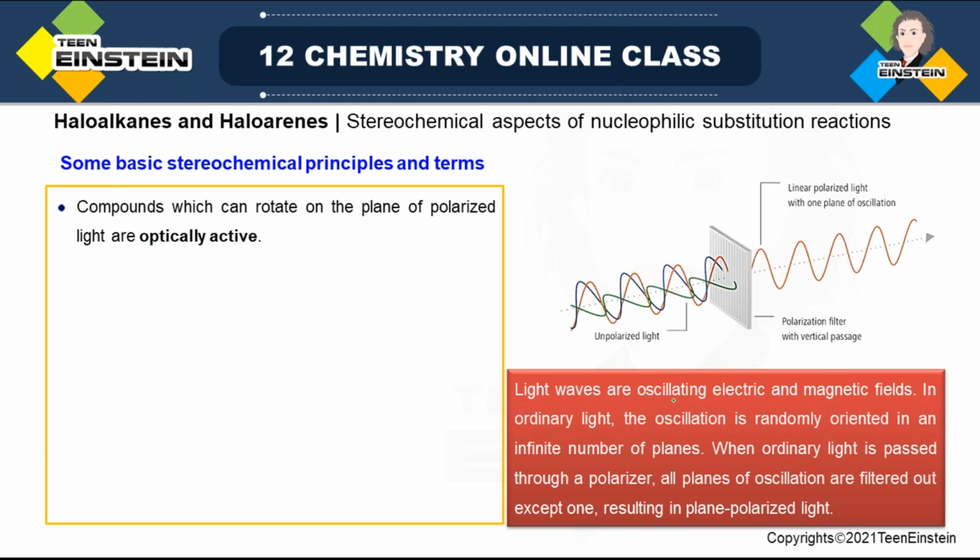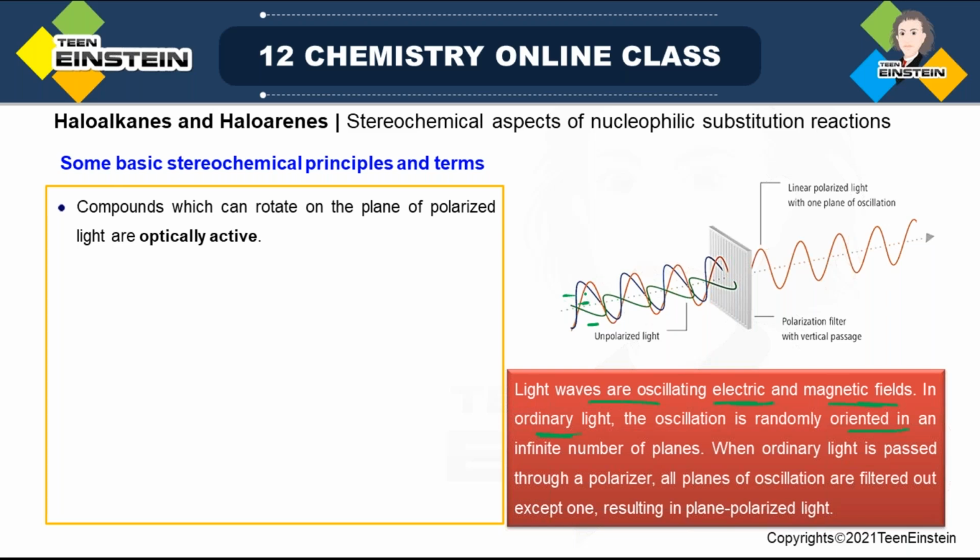Fine. Now when we consider normal light, that is light waves, they are actually oscillating electric and magnetic fields. So there is both an oscillating electric field as well as a magnetic field. Now when it is a normal ordinary white light, suppose, then the oscillation is randomly oriented in an infinite number of planes. So for simplicity, here we have taken only three colors: green, red and blue.